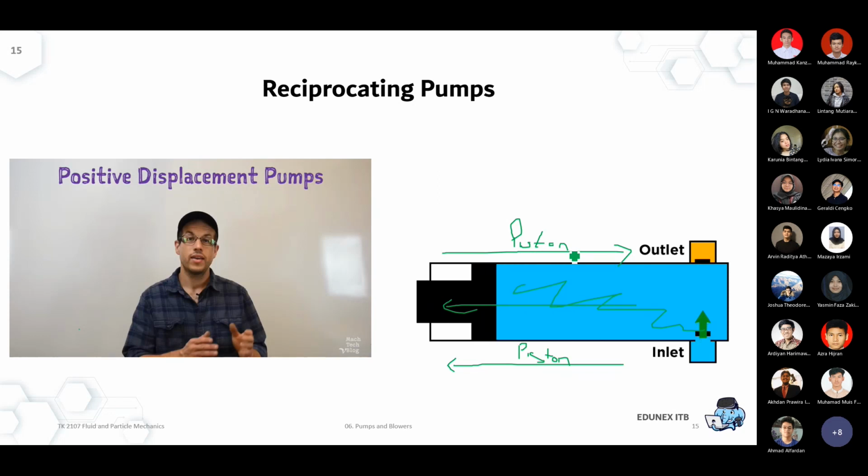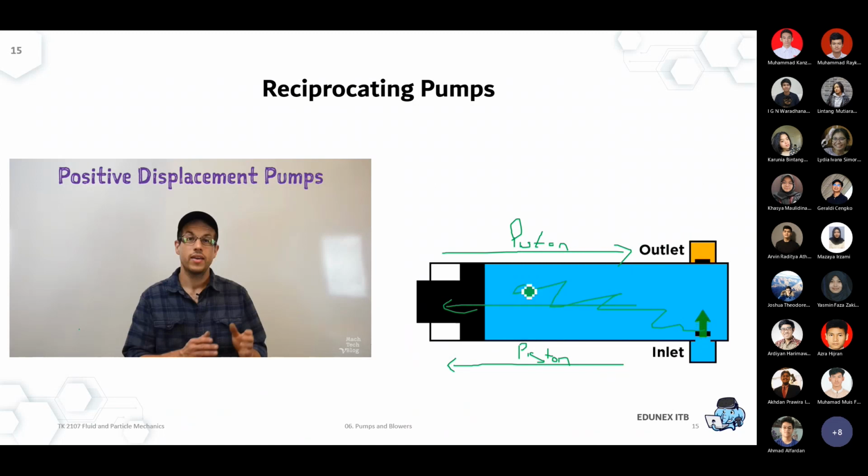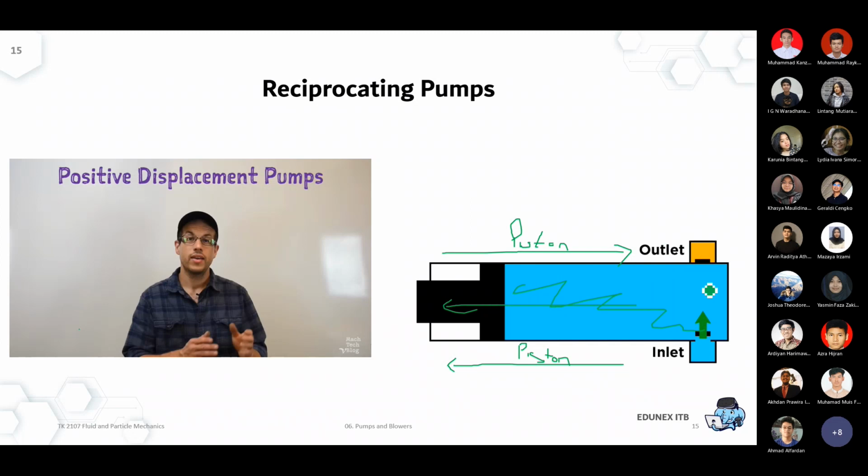Because it pushes the water, it compresses, because the volume decreases, and the smaller volume is compensated by a higher pressure of the pump. So the higher pressure is caused because the volume available in the chamber becomes less and less. So that's one cycle of a reciprocating pump.